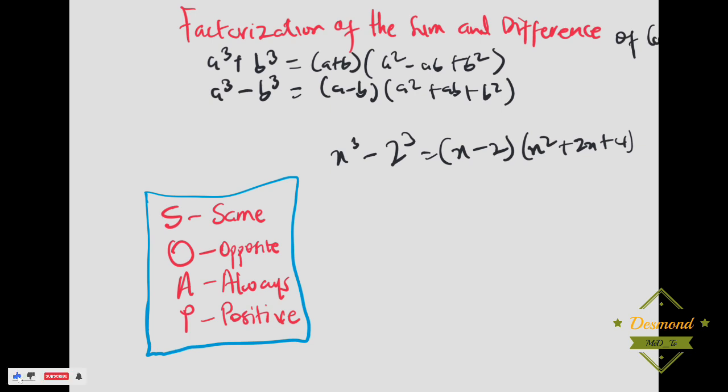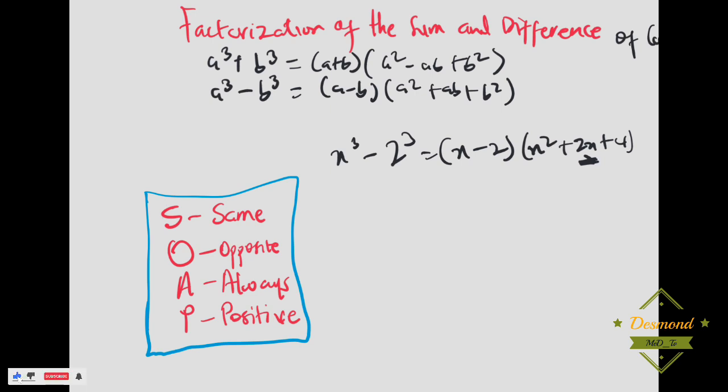The 2x term right here has the opposite sign of the sign between x cubed minus 2 cubed. And the sign of the last term, which is 4, is always positive.